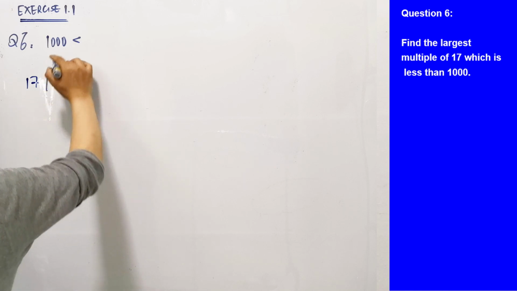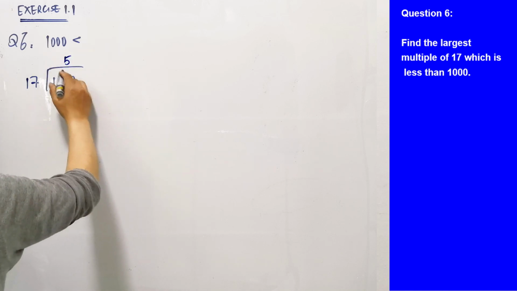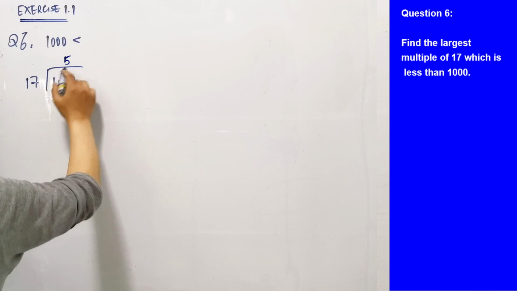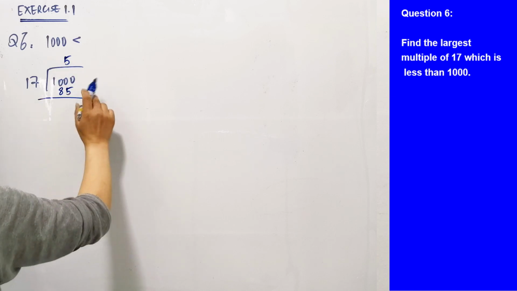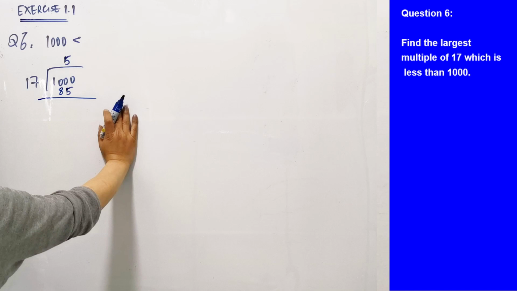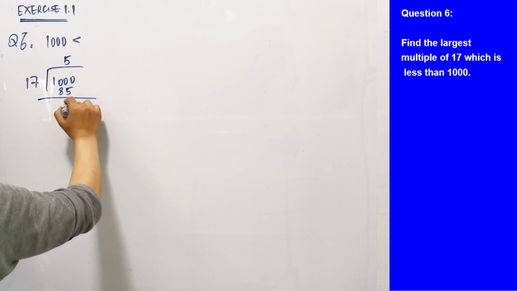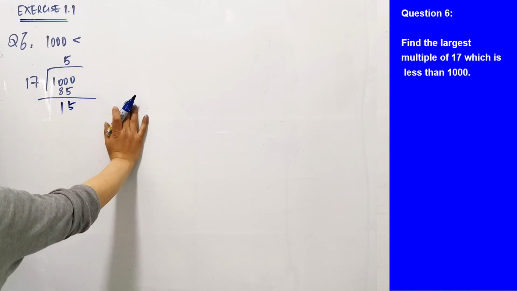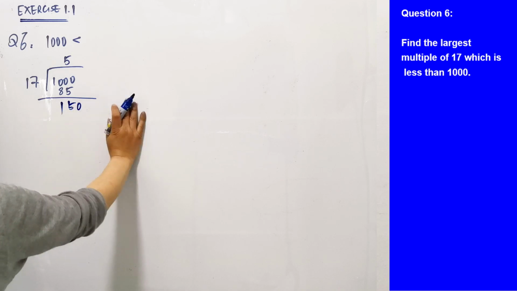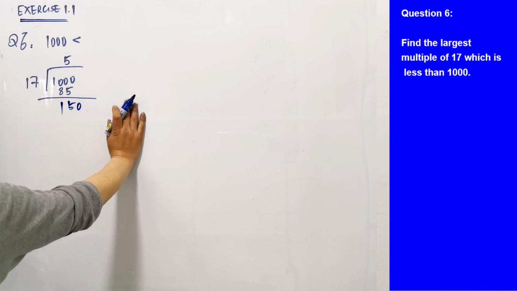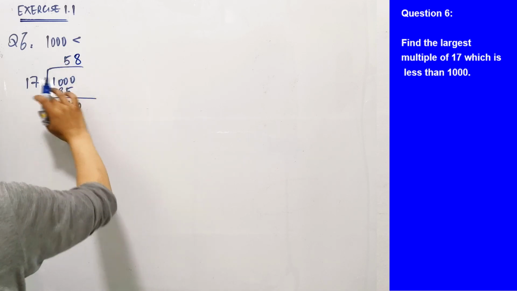Can we put a 5 here? First we put a 5. So it's 8. Is that 85? Yes, this is 85, right? 85 then comes to 5. This is not 1, right? About 0 here. So next one is good. Can we put 8? So 8.